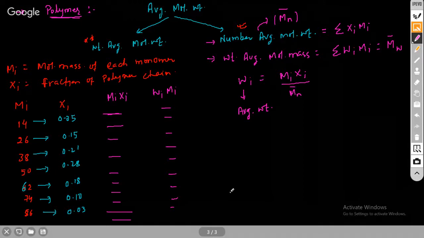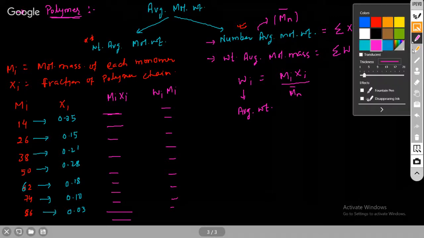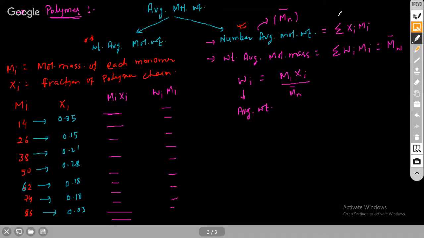Right? So let's come back to this question. In this one, if you calculate this, you will get 47.7 kg per mole. This value is given in kg per mole, Mn value it is. Right?